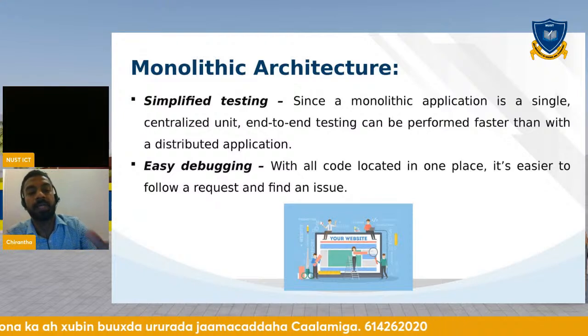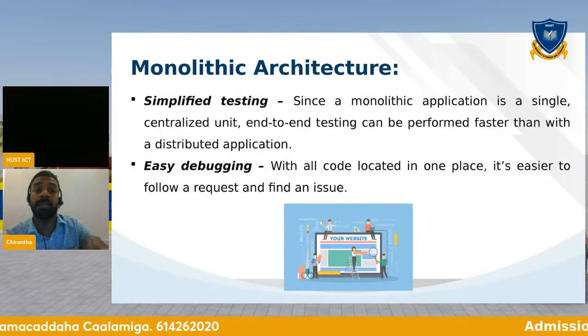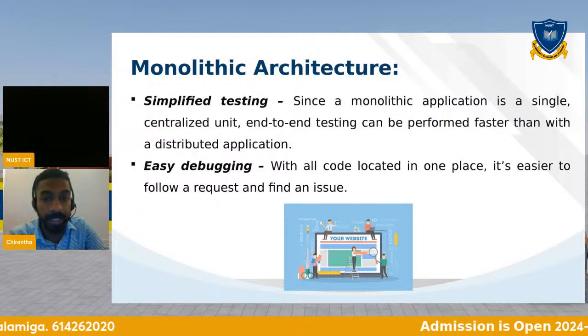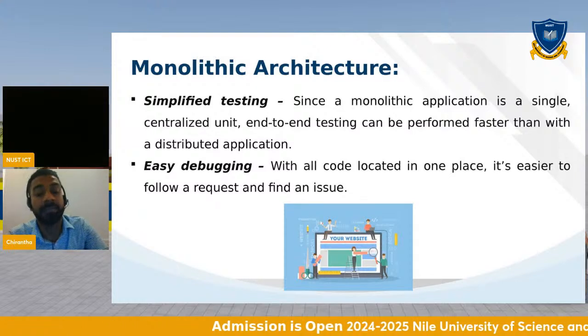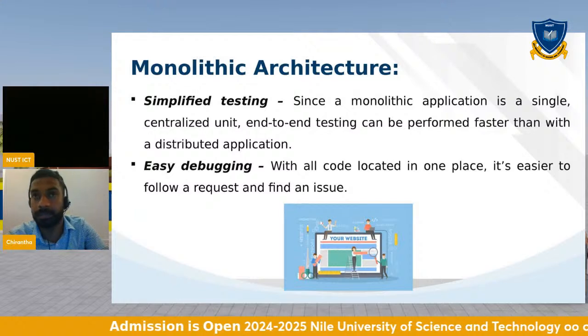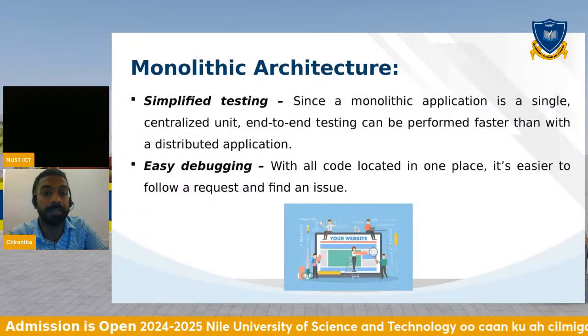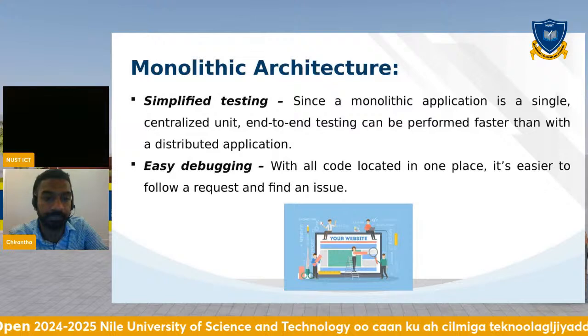First, we integrate 2 components. At the next stage, we integrate 3 components. Likewise, we enlarge the project. At each stage we have to do the testing, but when we go for the monolithic architecture, there are no distributed items, just one single component. Therefore, the testing is much faster.